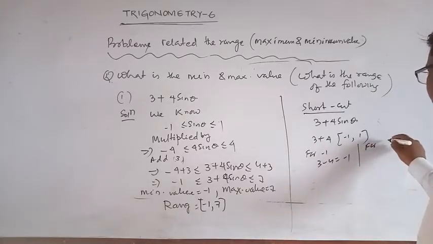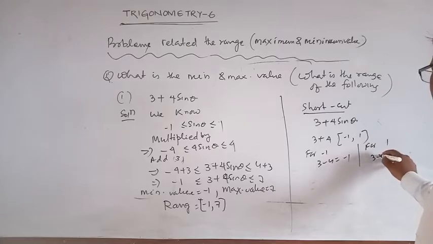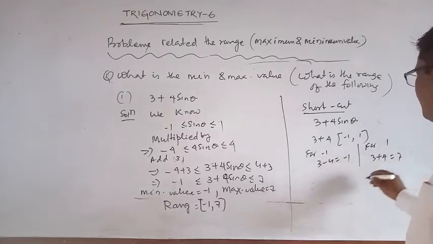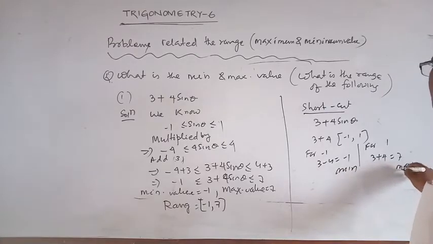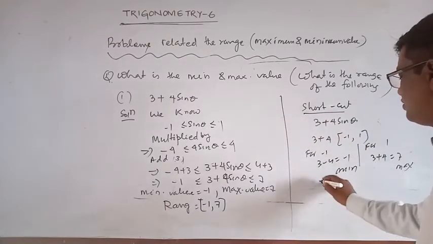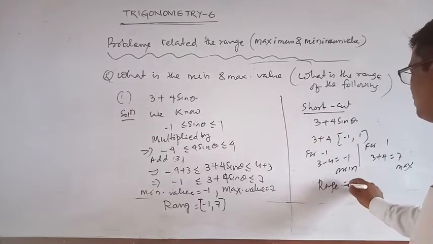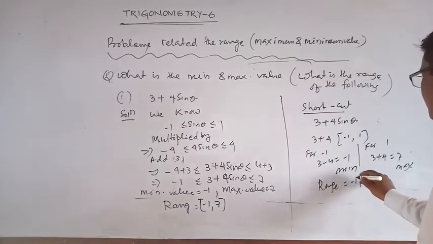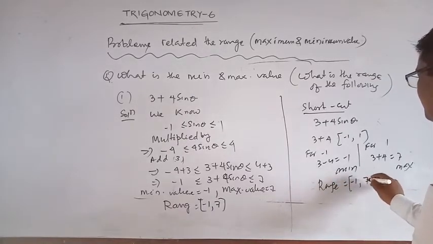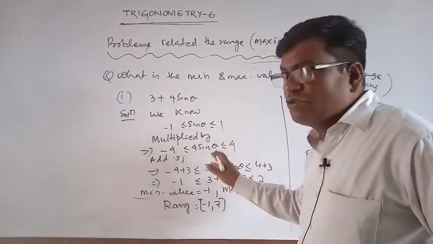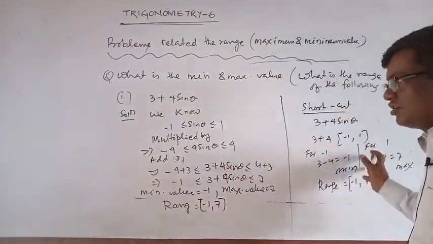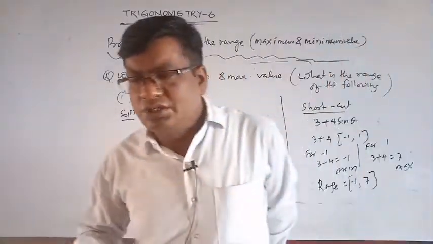For 1, 3 plus 4 is 7. This is the minimum and this is the maximum. This is the shortcut method. So the range is -1 to 7. This is the actual process, and this is the shortcut method. Now some more questions.